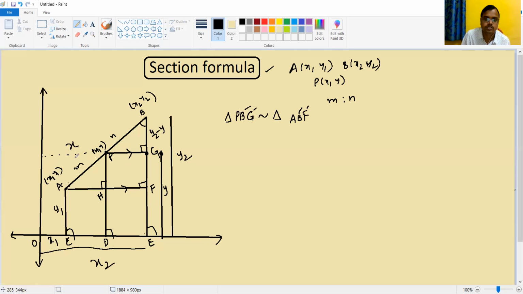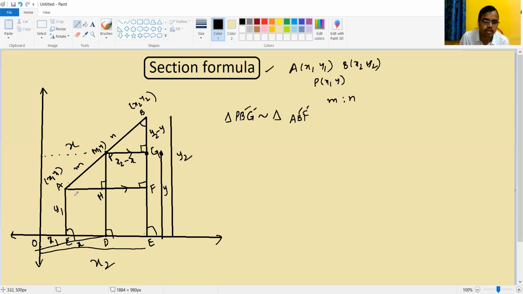OD length is x, it is parallel to the x-axis. Now OE length is x2. Till D it is x, so this length will be x2 minus x. Okay. So next.